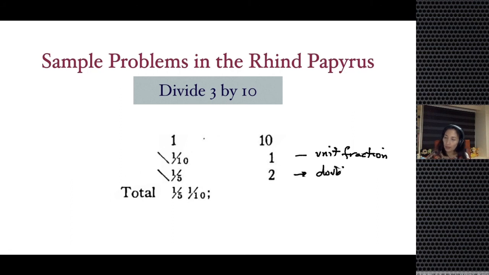Twice of 1/10 is 2/10, which is 1/5. And twice of 1 is equal to 2. What are we looking for? 3. A combination of numbers whose sum is 3. So what are they? 2 plus 1 is equal to 3. So the answers are 1/10 and 1/5.